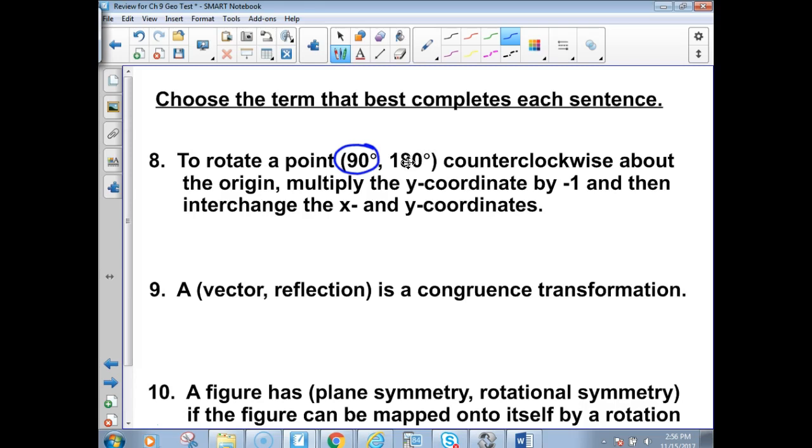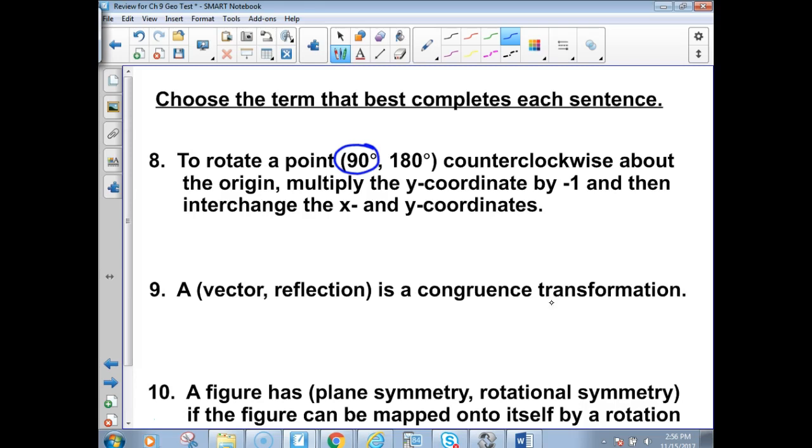I'm hoping that you remember that for 180, you switch the signs on both x and y. You don't switch their position. So if you remember 180 is the one where you just change the sign of x and y, then that had to be the 90-degree rotation. The one where you change the sign of x and then switch x and y is the rotation of 270.